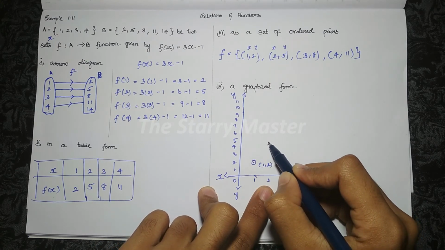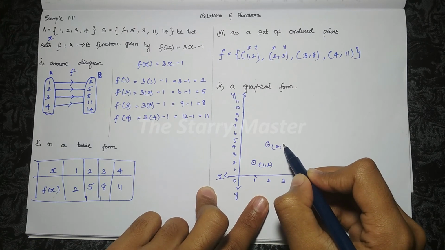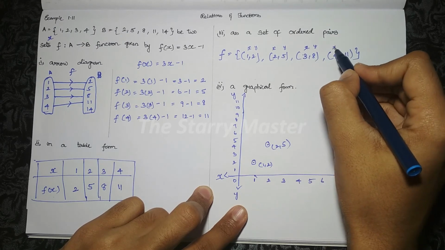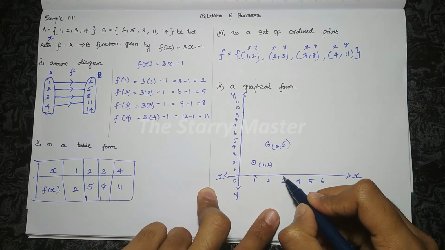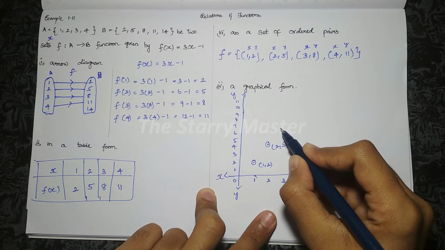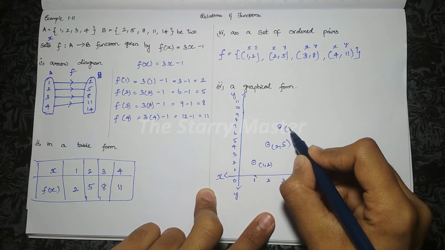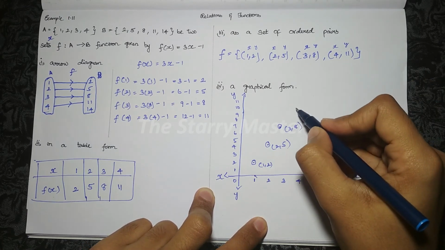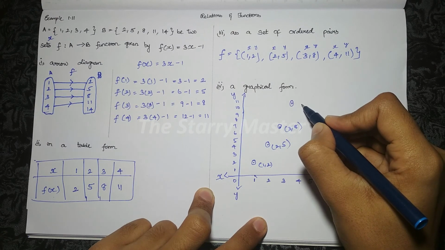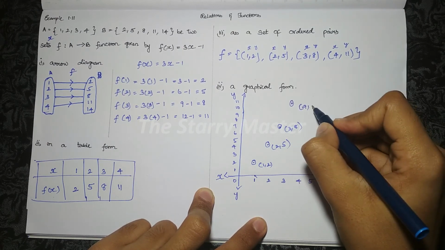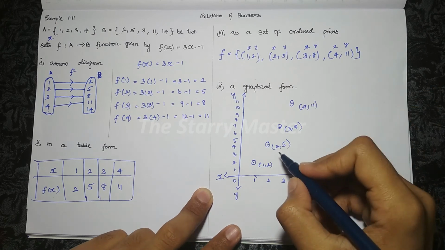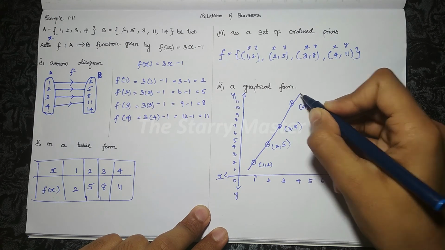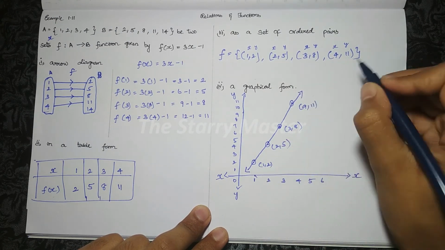For x equal to 3, it is 8, so 3 comma 8. For x equal to 4, it is 11, so 4 comma 11. Then we join these points with a line. That's it.